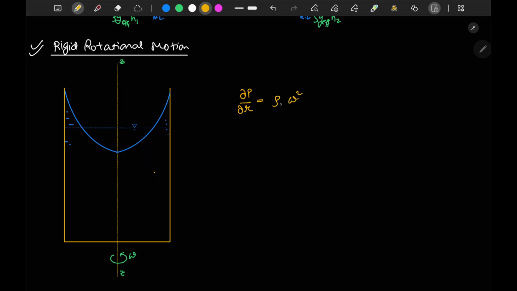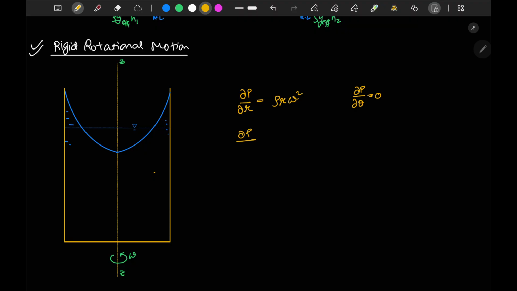This centripetal acceleration is in the inward direction, hence the minus sign will not be here. And del p by del theta is equal to 0.